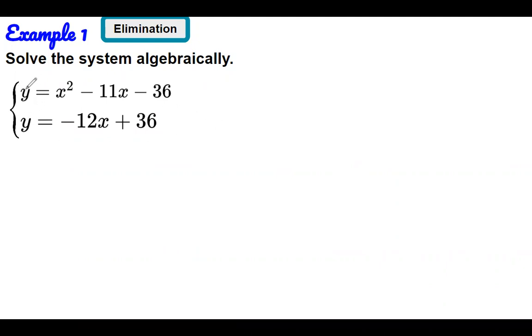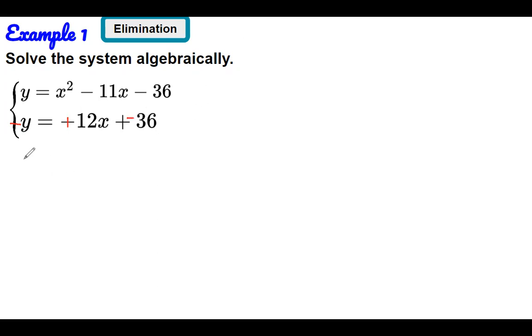I'm going to choose y just because they're already isolated. All we have to do is multiply one of the y's by -1. Whatever we do to one side, we do to the opposite side. So this one has to change to positive 12x, and this one changes to negative 36.